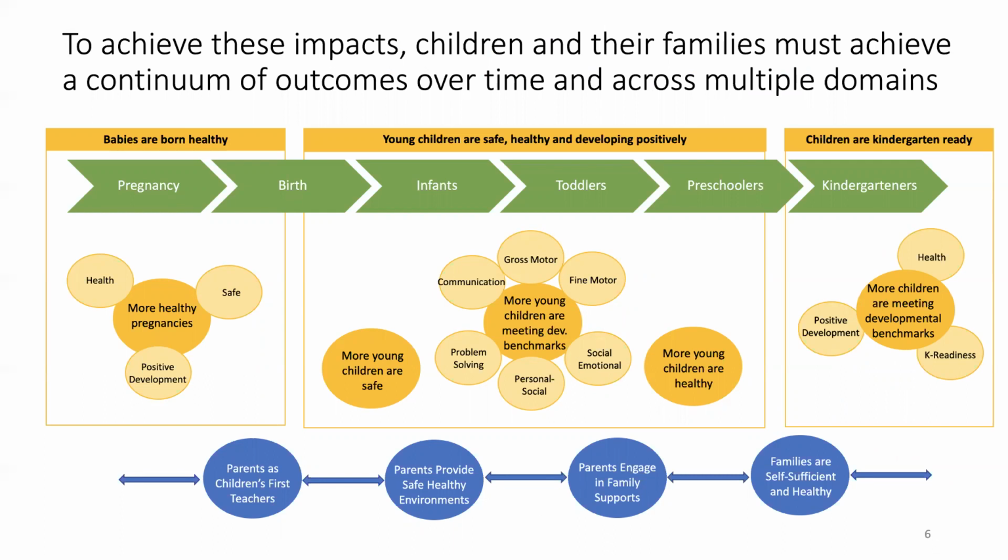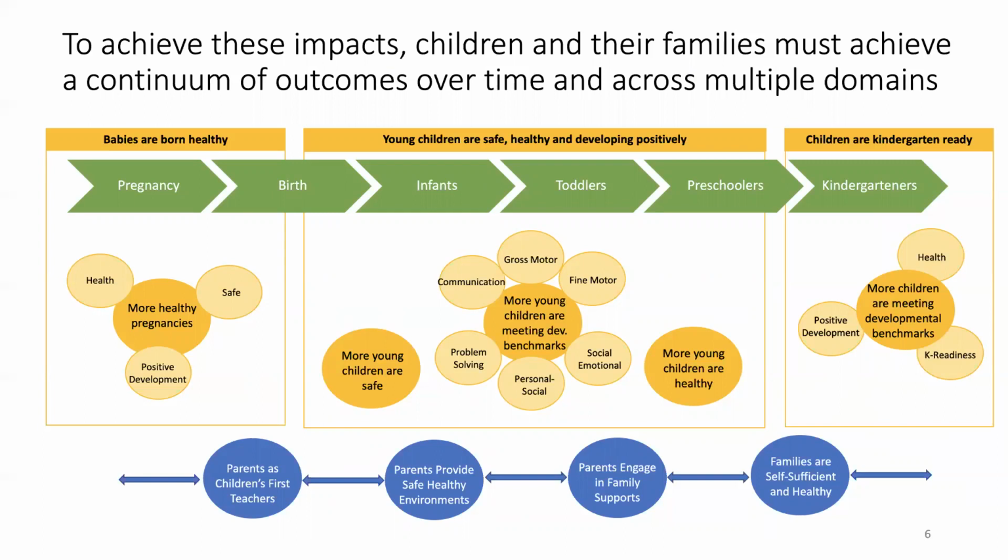As I'm sure you know, to achieve these impacts, children and their families must achieve a continuum of outcomes over time and across multiple domains. The graphic below is overly simplified, but I hope it reveals this big idea. You'll note that the orange boxes show each of our 3 key impact areas. Babies are born healthy, young children are healthy, safe, and developing positively, and children are kindergarten ready.